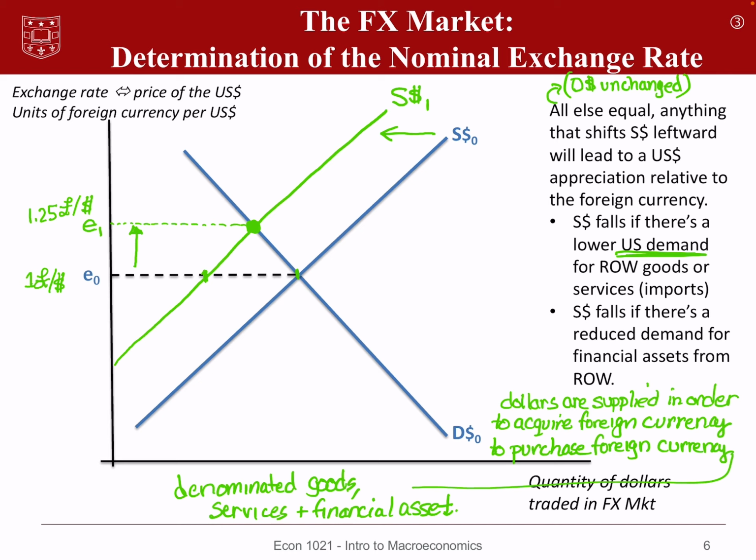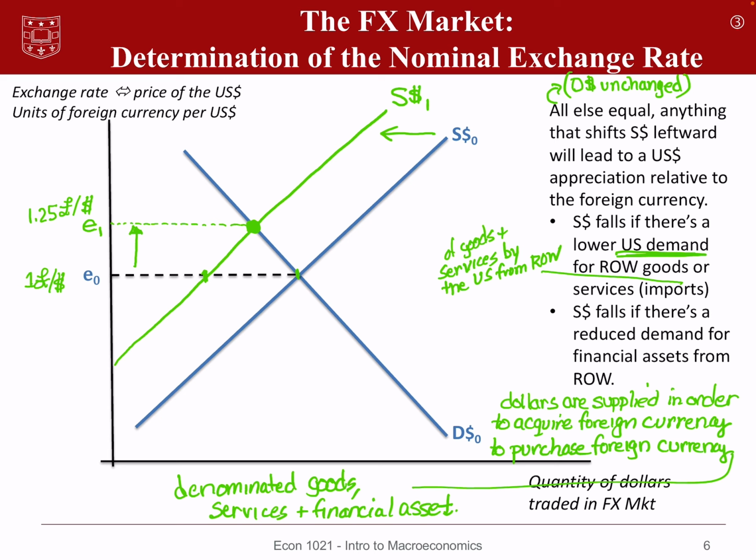So in other words, if imports of goods and services by the US from the rest of the world would be going down, then there would be a smaller need to be supplying dollars in the foreign exchange market. Similarly, if dollar holders don't want to buy as many financial assets from the rest of the world, then that would also correlate with a smaller supply of dollars.